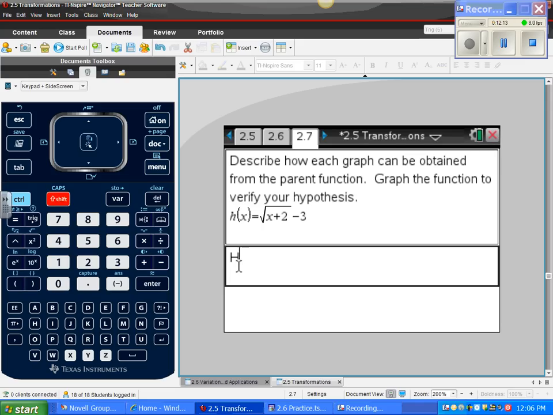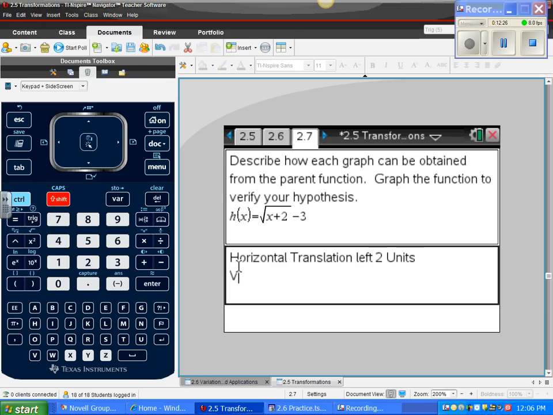We have a horizontal translation. And that horizontal translation, because we're adding 2, is going to go left 2 units. And we also have a vertical translation. Because we're subtracting that 3 from the entire function, we can say down 3 units.